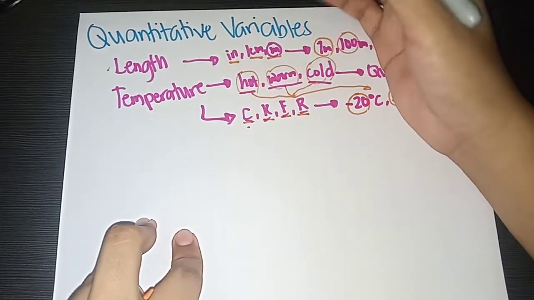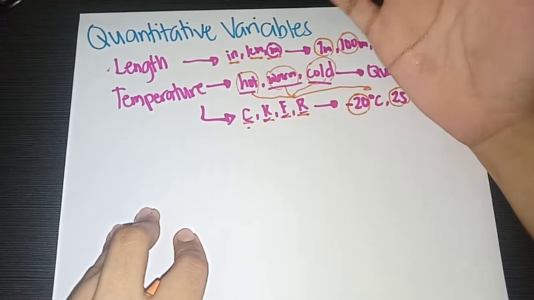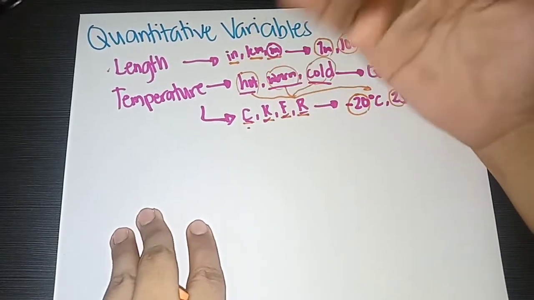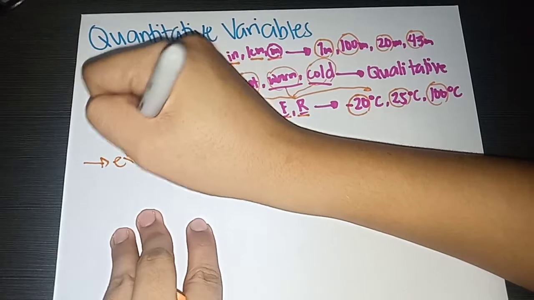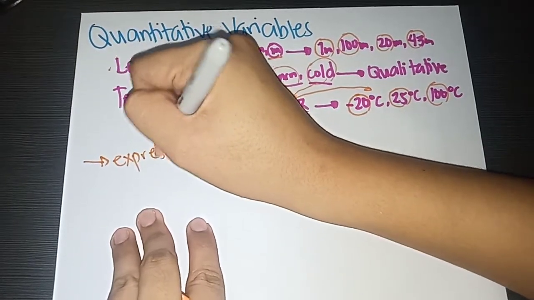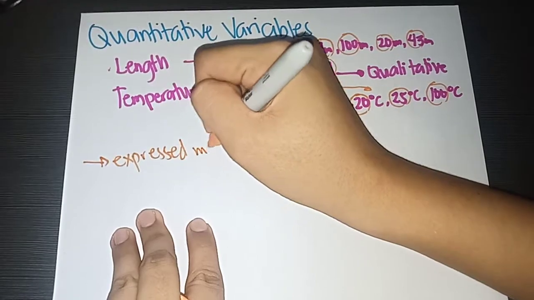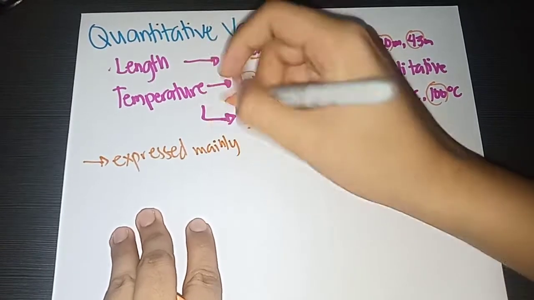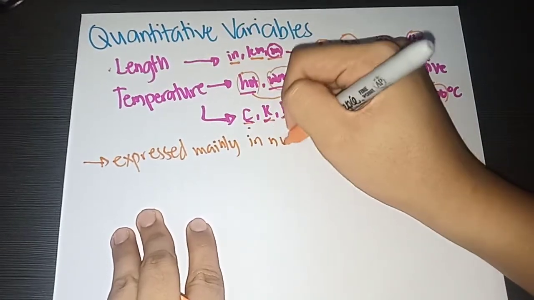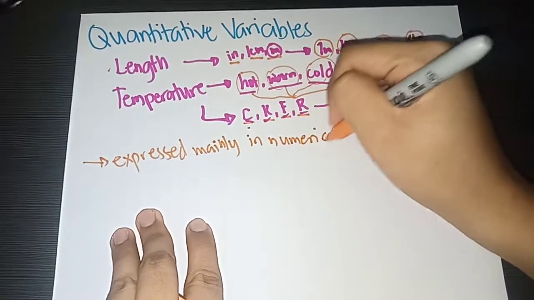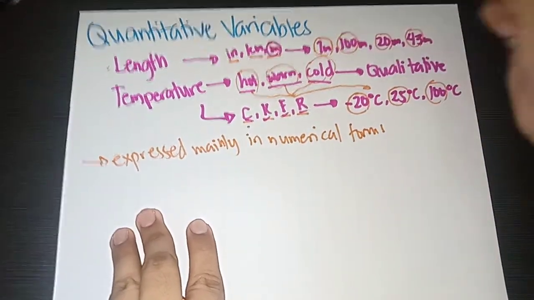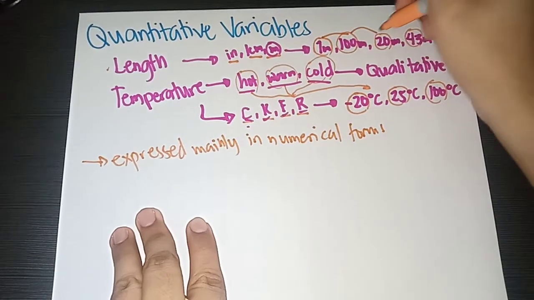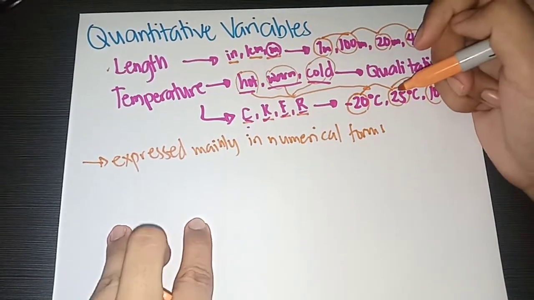So, quantitative variables are variables expressed mainly in numerical forms. By taking a look at this example, they are expressed in numbers, in quantities.